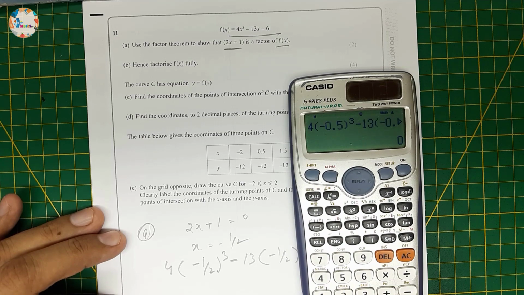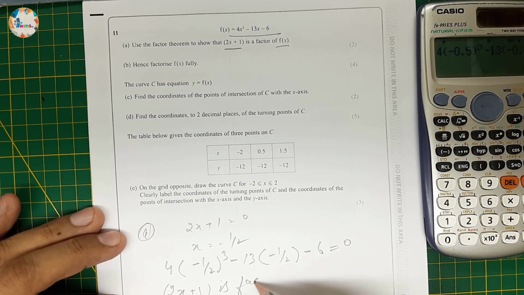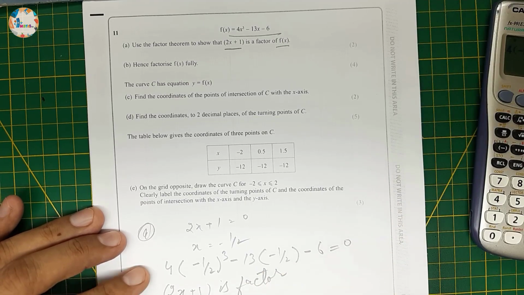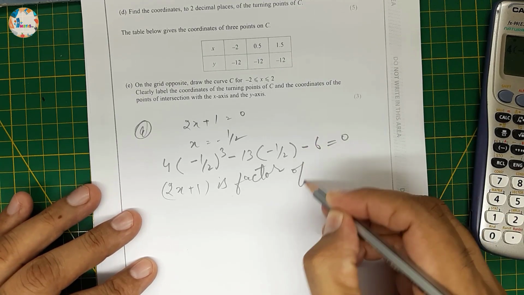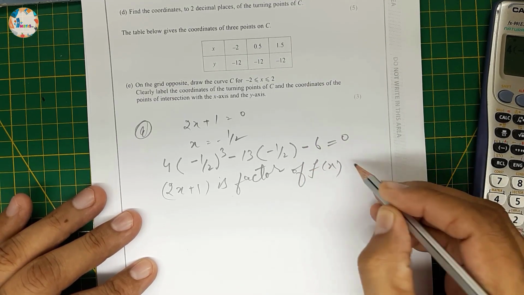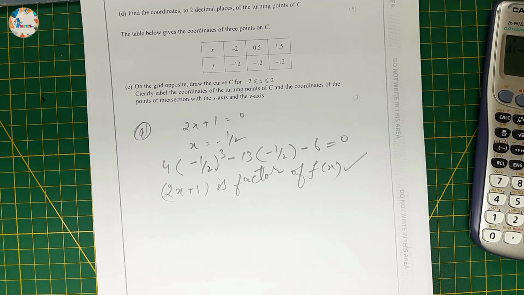So this will be equal to 0, which implies that 2x plus 1 is a factor of f of x. So this is done. Hence factorize f of x fully.